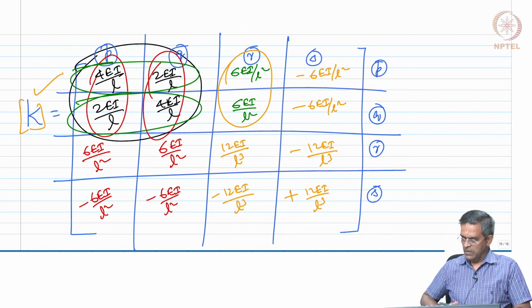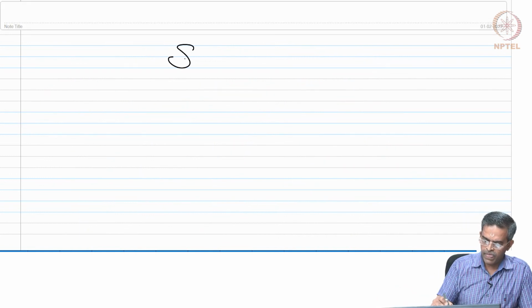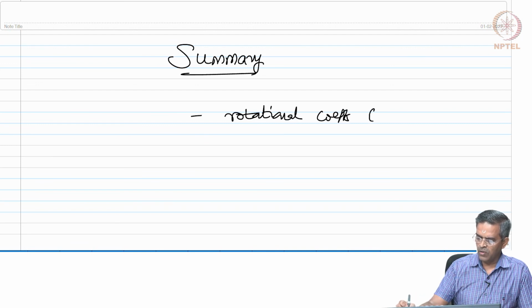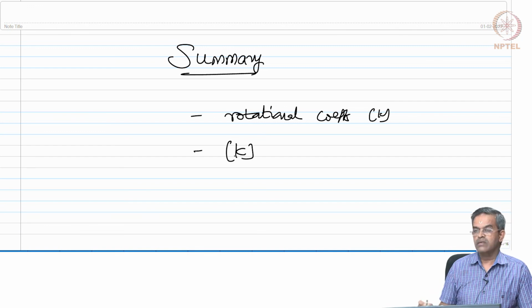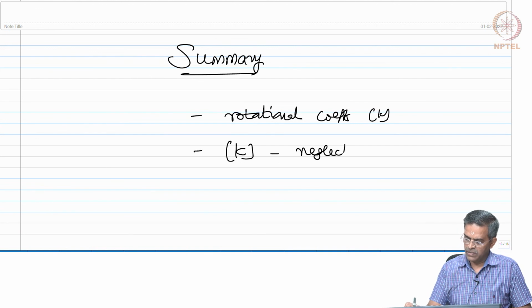Okay. So, friends, in this lecture we learnt how to derive the rotational coefficients of stiffness matrix. We also learned how to formulate the complete stiffness matrix neglecting axial deformation.